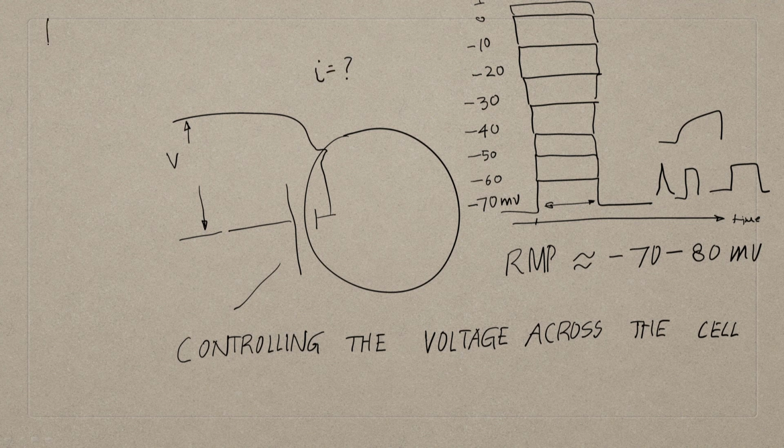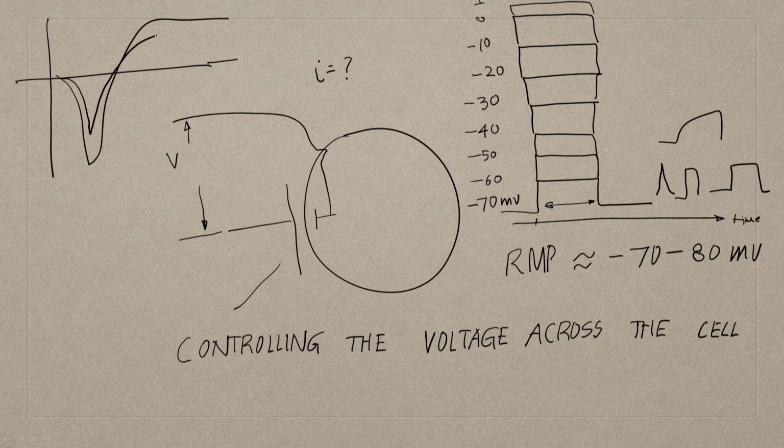Essentially, if you recollect when I told you, you get something like this: an inward sodium current followed by an outward potassium current, right. This inward sodium current is a function of the opening of the ion channel somewhere in this zone, and this potassium current opens out here, right.